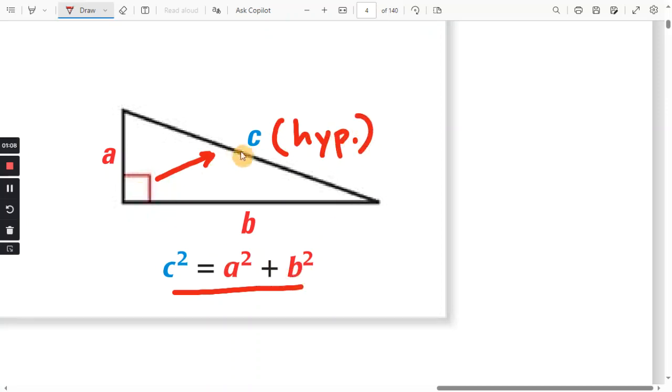So you always have to use c for the side across from the right angle. But a and b are the legs. It doesn't matter which is which. So this right here is the formula for the Pythagorean theorem. And c, a, and b, those are the side lengths of the triangle.